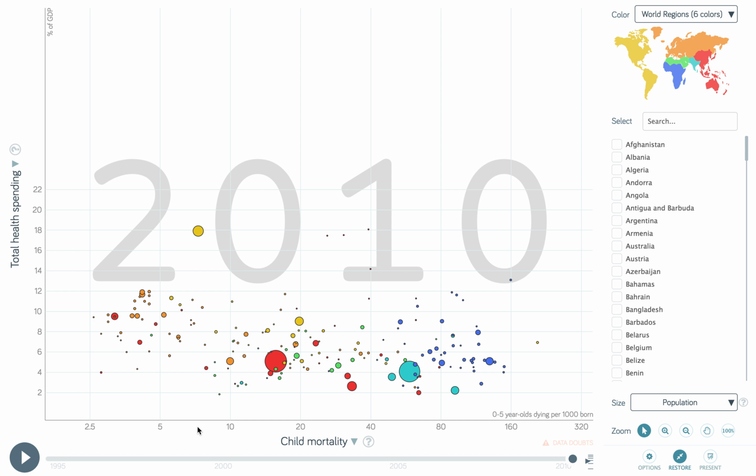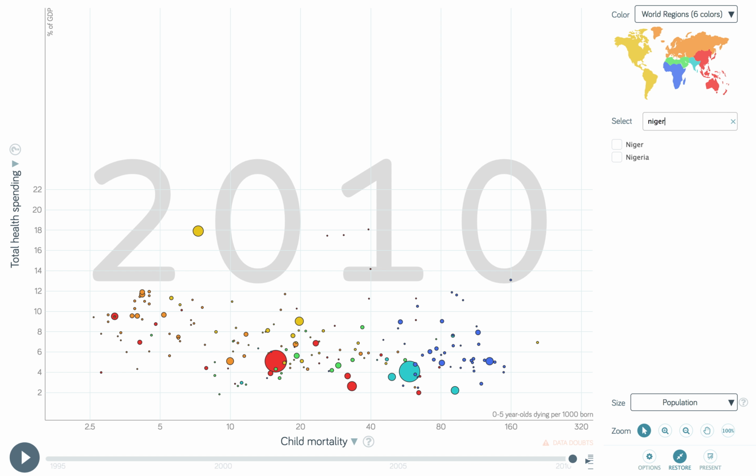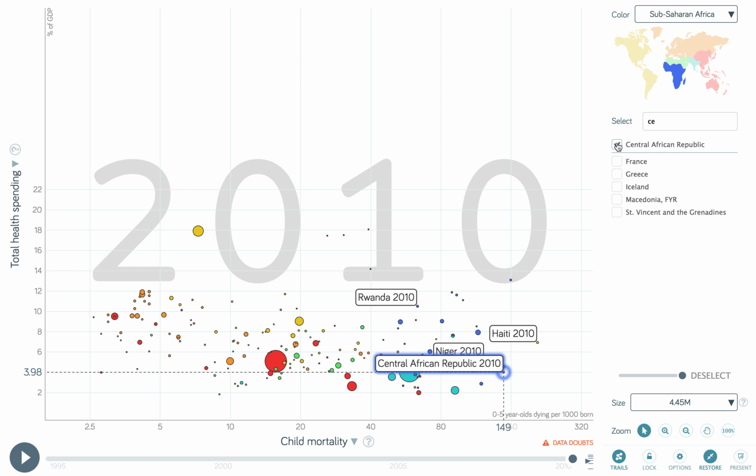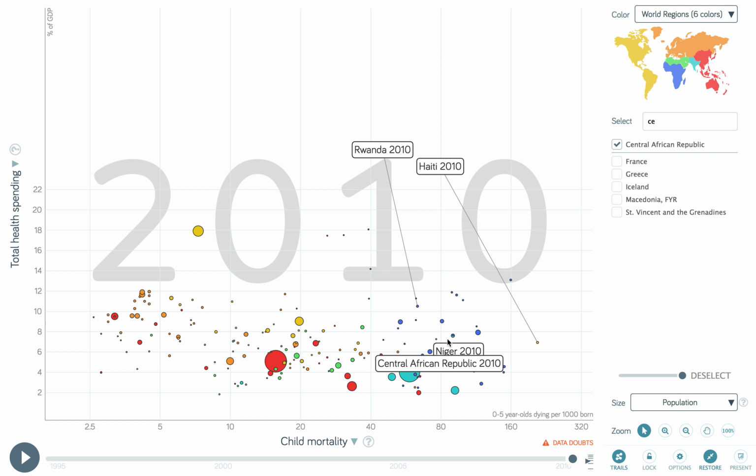More specifically, we want to focus in on impoverished nations, referring to poor or low-income nations. Let's quickly highlight a few impoverished nations for us to analyze: Niger, Haiti, Rwanda, and the Central African Republic. Let's watch how these countries have progressed since 1995.